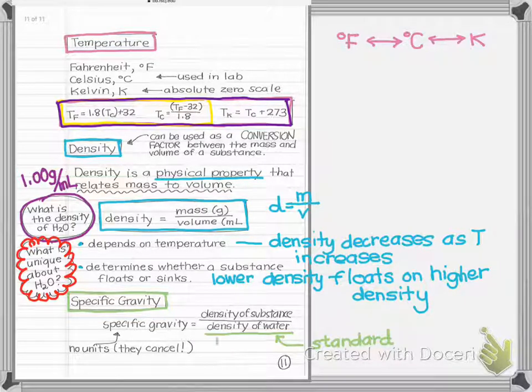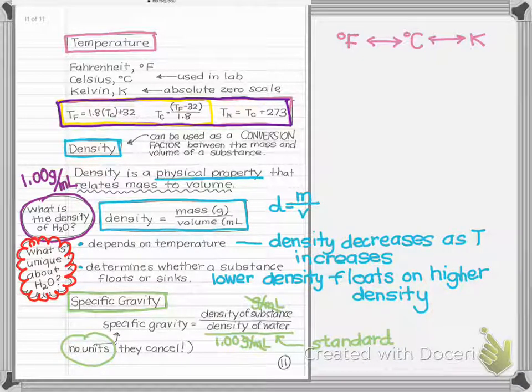Now, if I say that water is 1 gram per milliliter, that would tell me that the specific gravity would have the same number as its density. If we have grams per milliliter as the density, and grams per milliliter on the top and on the bottom for the water, those cancel. So specific gravity ends up having no units.